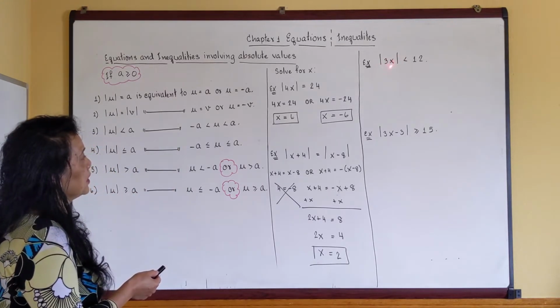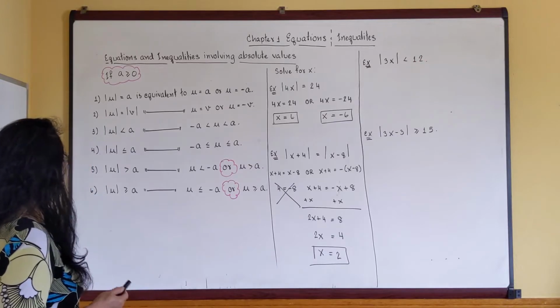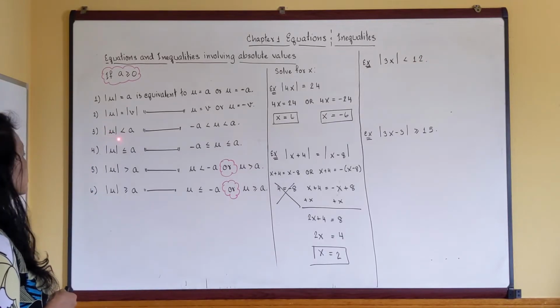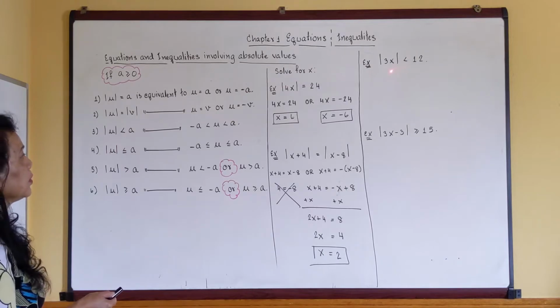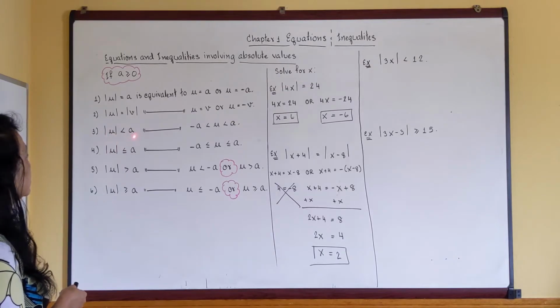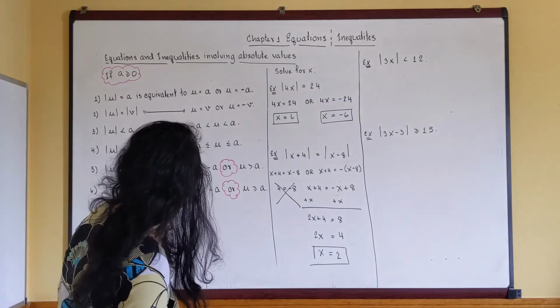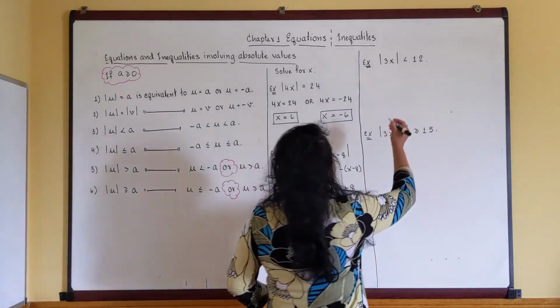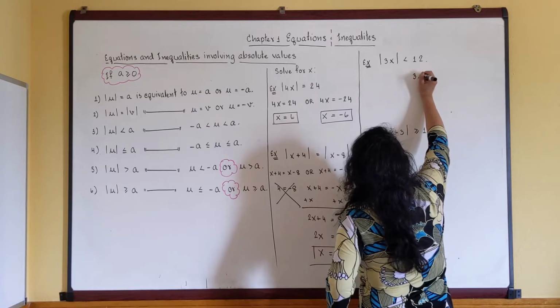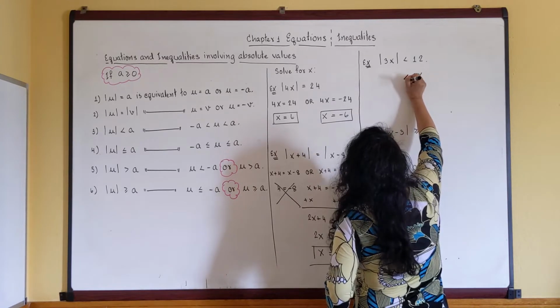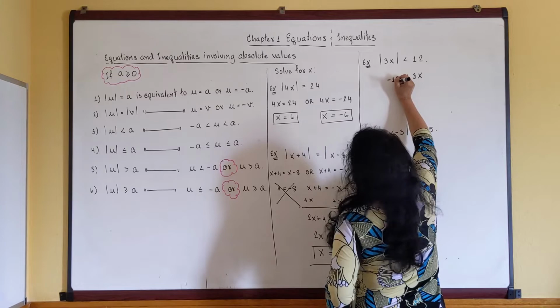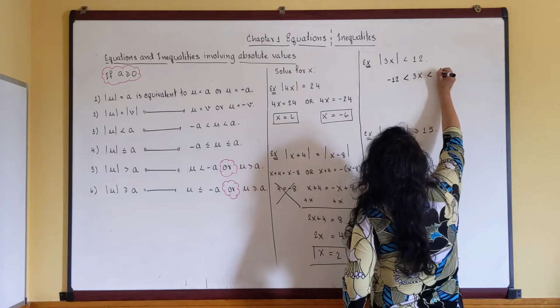Alright. So let's look at the next one. Absolute value of 3x less than 12. I'm going to use number 3. My u is 3x and my a is 12. So I'm going to have 3x greater than negative 12 and less than 12.